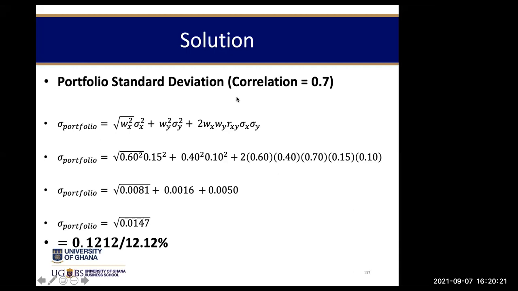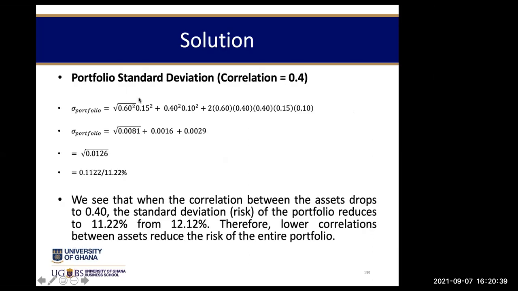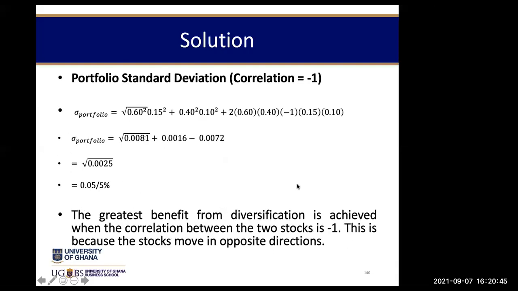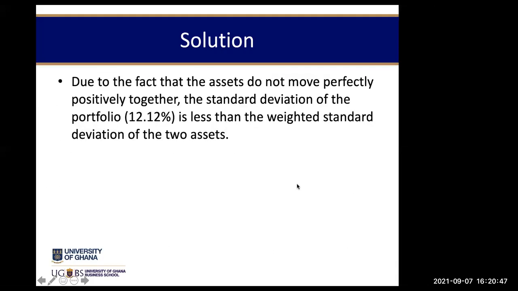If you remember, I said that in portfolio theory, lower correlations or negative correlations are preferred. Do you remember? So when we reduce the correlations, you will see that the standard deviation drops. When we reduce to 0.4, the standard deviation drops to 11.22 from 12.12.